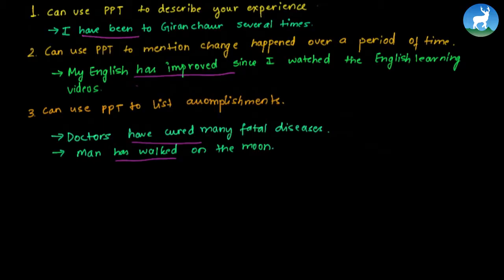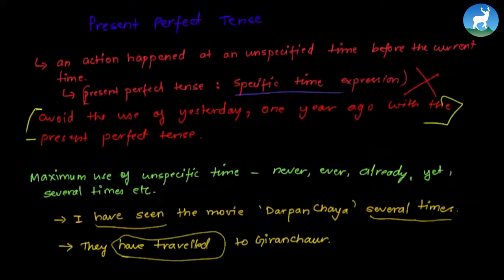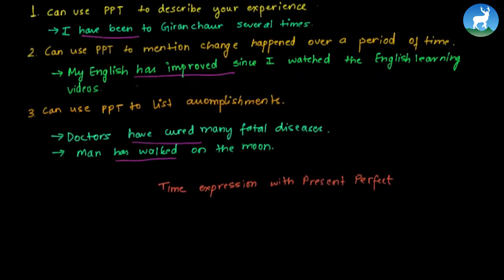Now we'll look at how to use time expressions with the present perfect tense. In the previous slide, I told you that we do not use specific time expressions, whereas now I'm going through time expressions with present perfect.